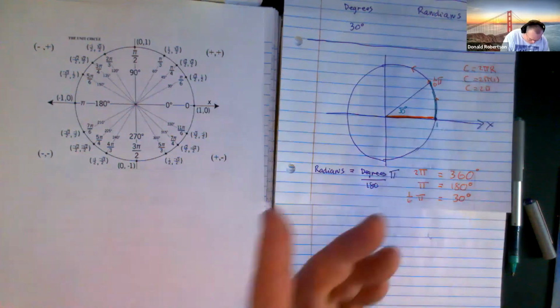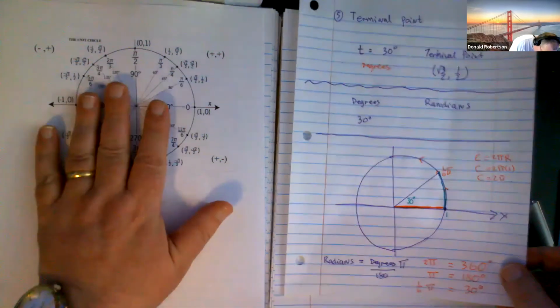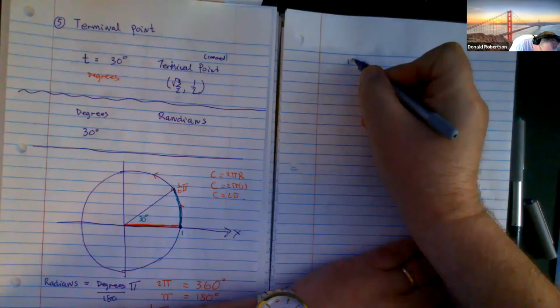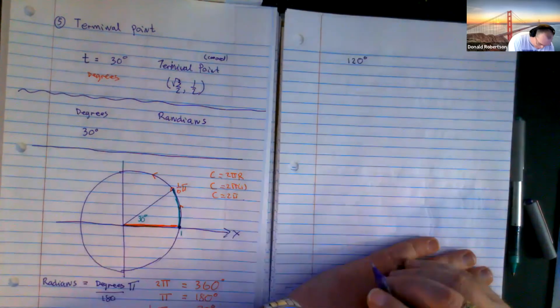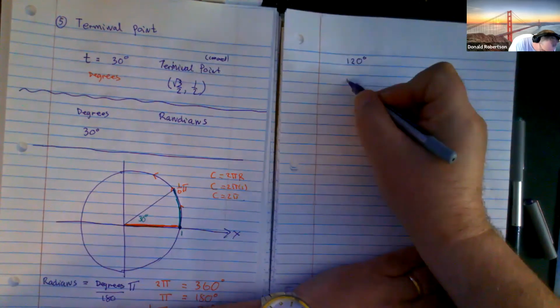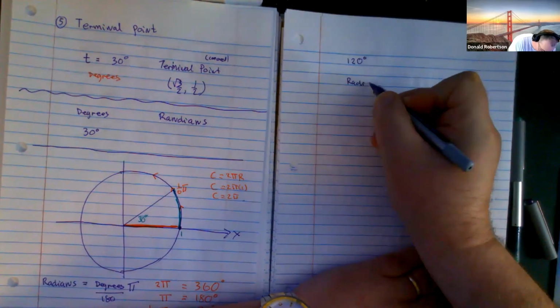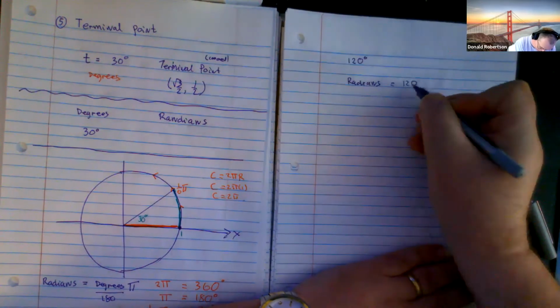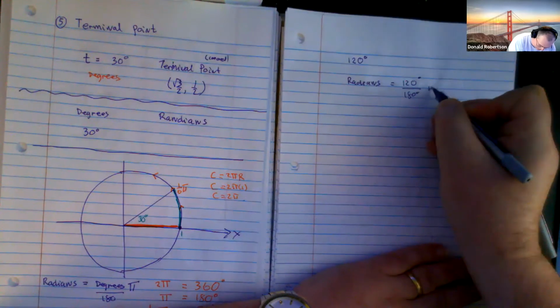Let's try it then. We know the answer, but pretend we didn't. I want to know what 120 degrees is in terms of the radian. Well, it's going to be 120, the answer in degrees, divided by 180 times pi. And you can cancel that down.